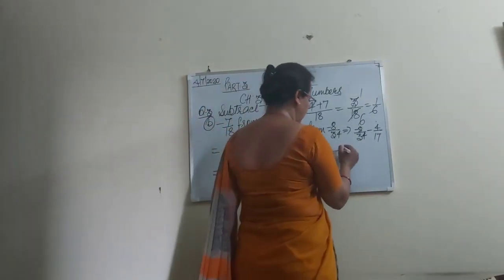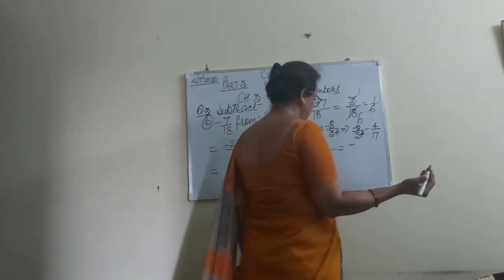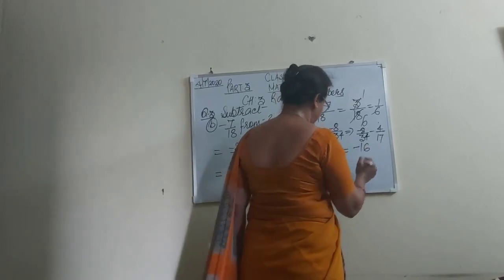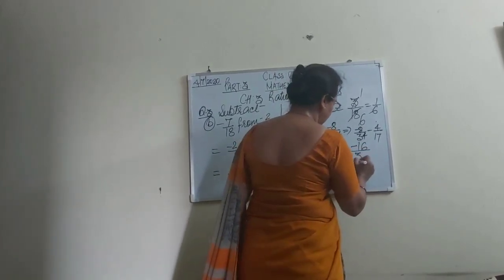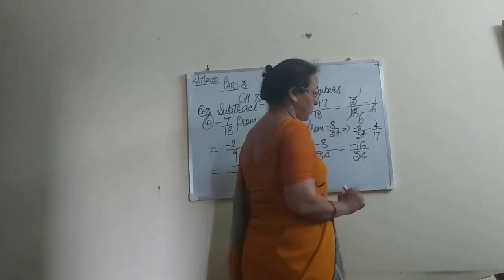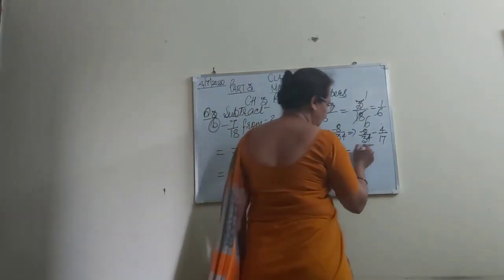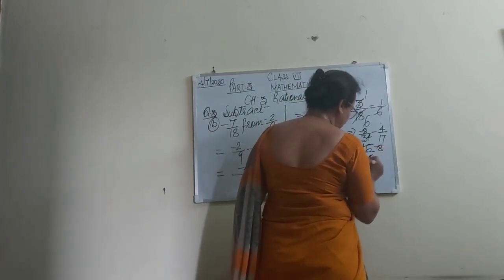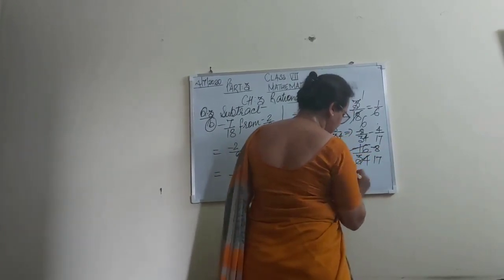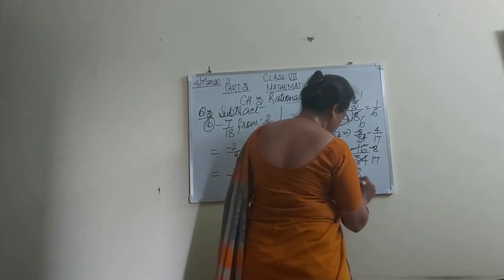The sign will be of the greater digit. This means both the digits are the same, so we can put minus 16 upon 34. Both are even numbers, so it can be divided by 2. Minus 8 by 17. What will be the answer? Minus 8 by 17.